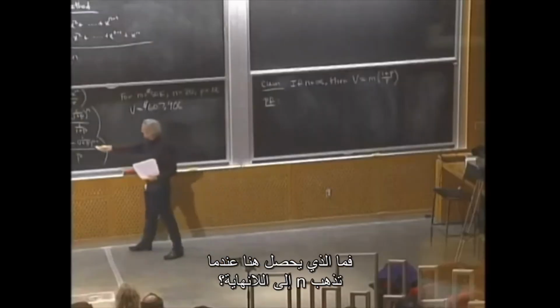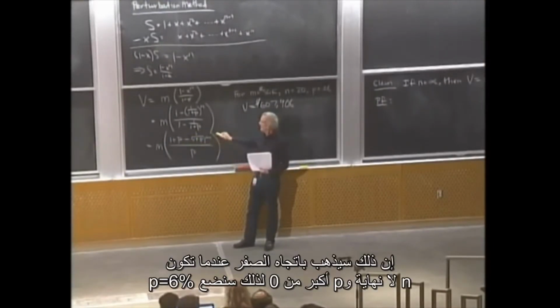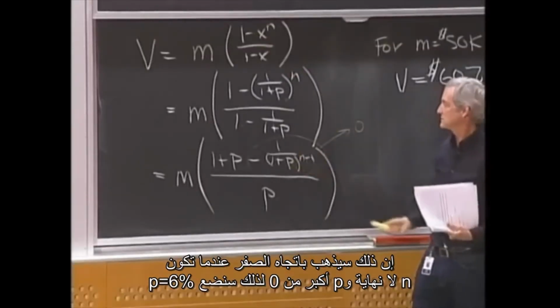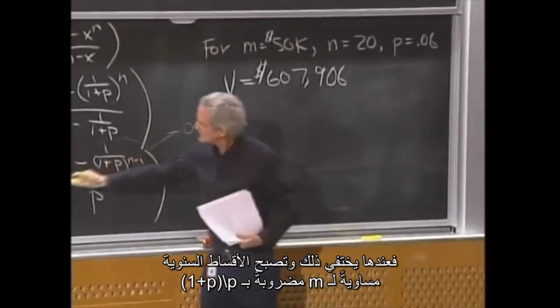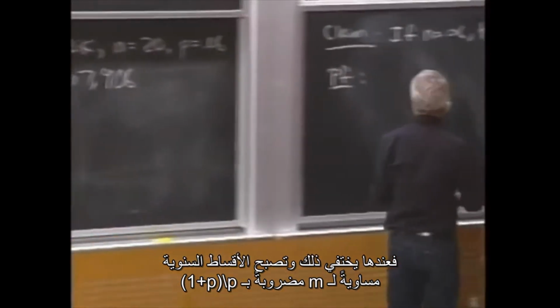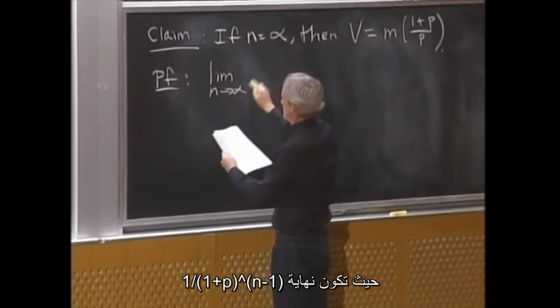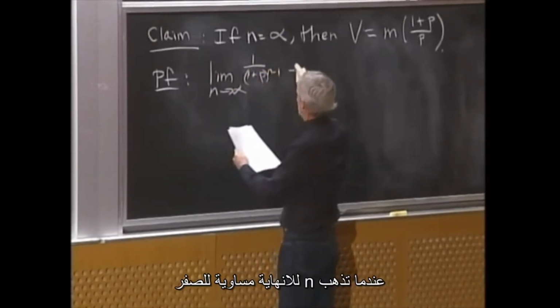But what happens here when n goes to infinity? What happens to this thing? That goes to 0 as n goes to infinity, as long as p is bigger than 0. So we're going to assume 6% interest. So that goes away, so the annuity is worth just m times 1 plus p over p, because the limit as n goes to infinity of 1 over 1 plus p to the n minus 1 is going to 0.